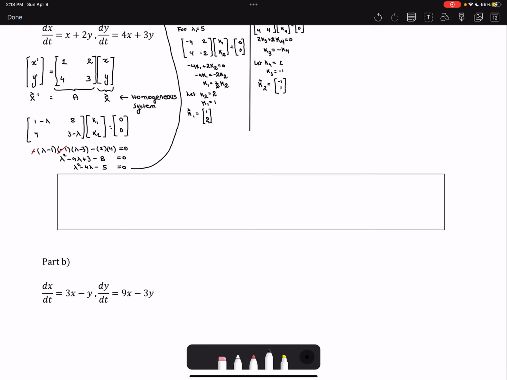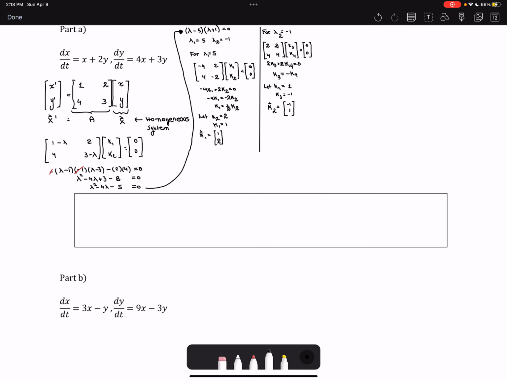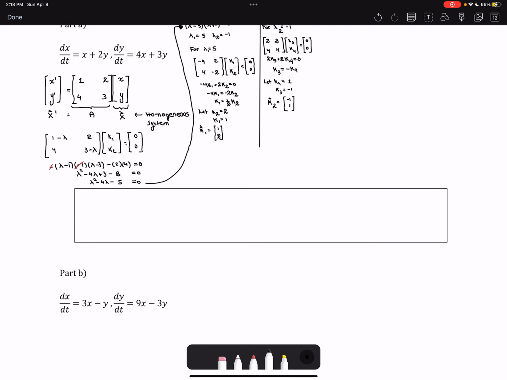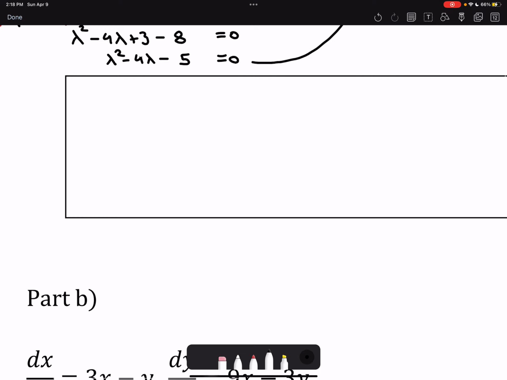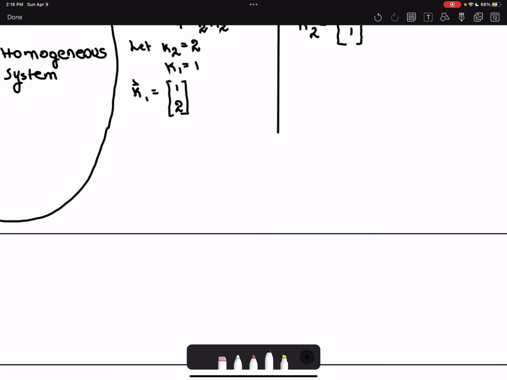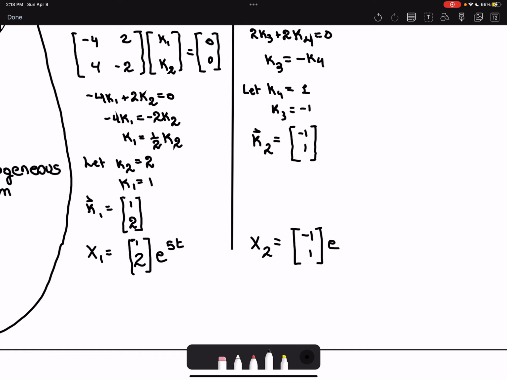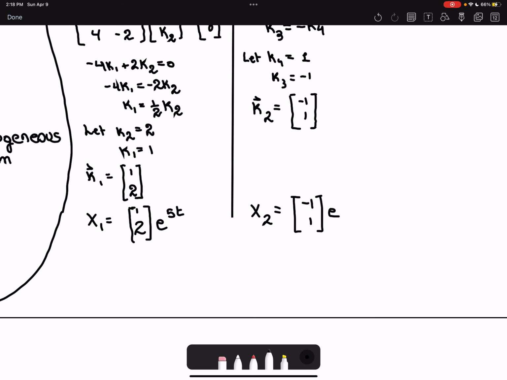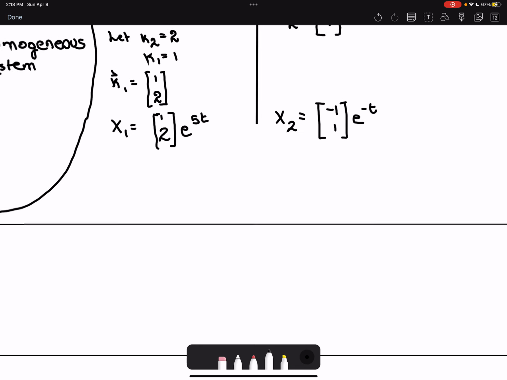So now we can say that our general solution, we have a 2 by 2, so we only need 2, is going to be: x1 is going to be 1, 2 times e to the eigenvalue for this one, which was 5t, and x2 is going to be negative 1, 1, as you see right here, times e to the value for this lambda, which was negative 1 times t.